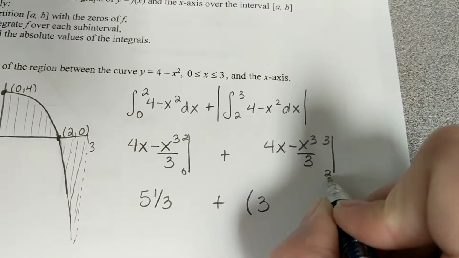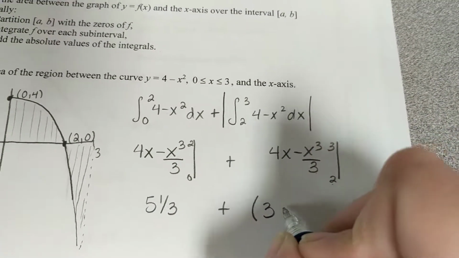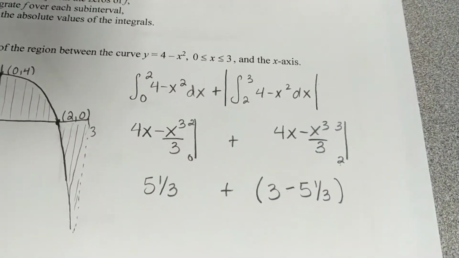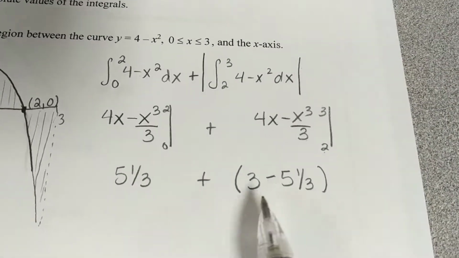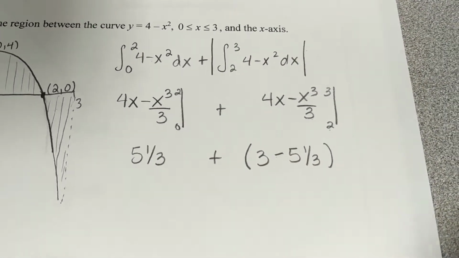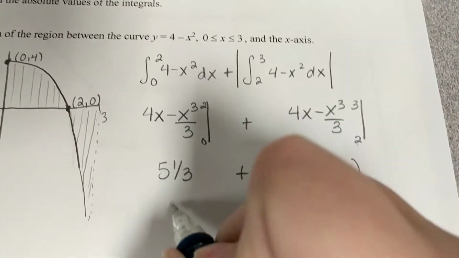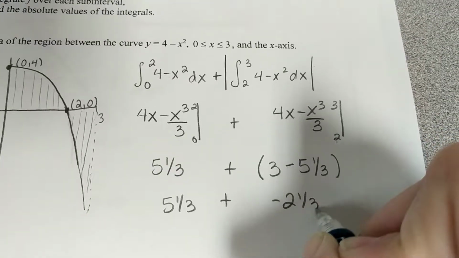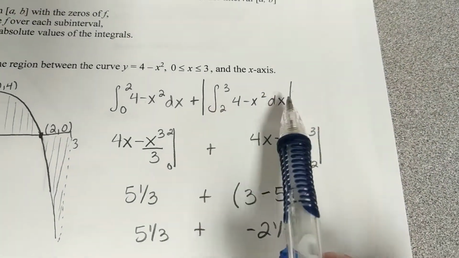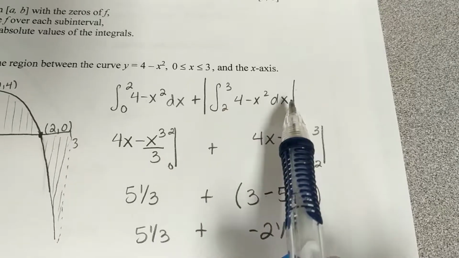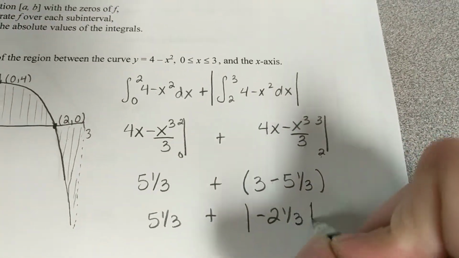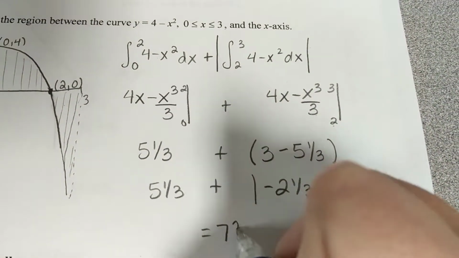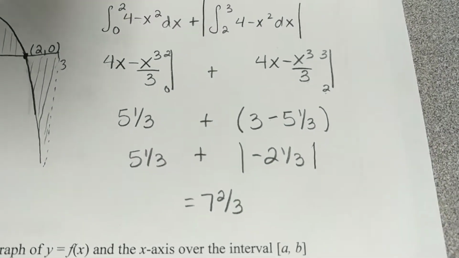And we already know we plugged in 2 earlier, and we got 5 1/3. So 3 minus 5 1/3. This is obviously going to be a negative 2 1/3. So we get 5 1/3 plus this negative 2 1/3. But remember up here we said we don't have negative area. So we're going to take the absolute value of that. So we get a total area of 7 2/3.